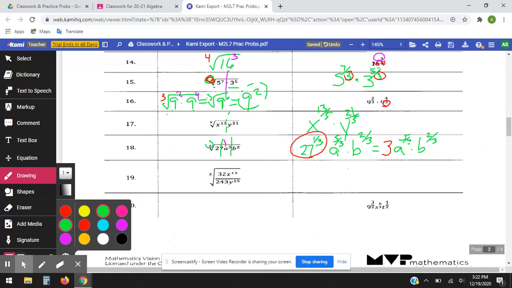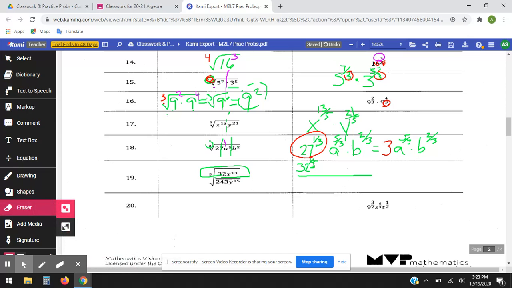All right, next one. Looks a little uglier. No panicking though. We'll take them one at a time this way. So we have a numerator and a denominator. Here we have 32 to the 1/5 power, because we have a fifth power.